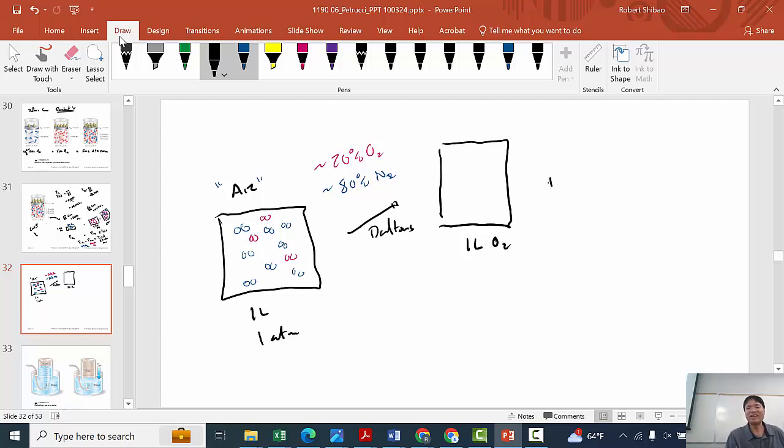And then how many liters of nitrogen do I have? Also 1 liter of nitrogen. And so if I take 1 liter of oxygen plus 1 liter of nitrogen, how many liters of air do I form? 1 liter. And so the volumes are not added.